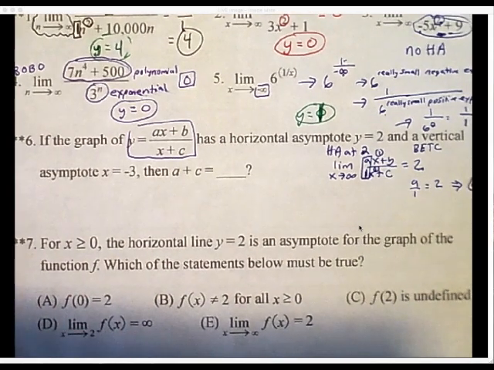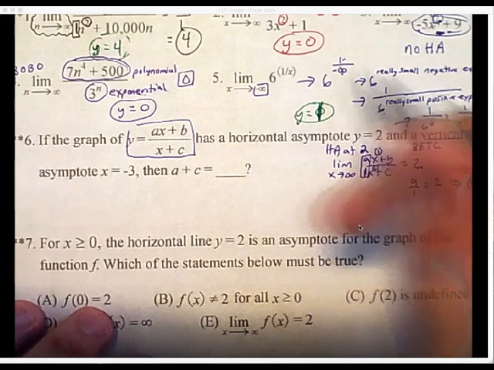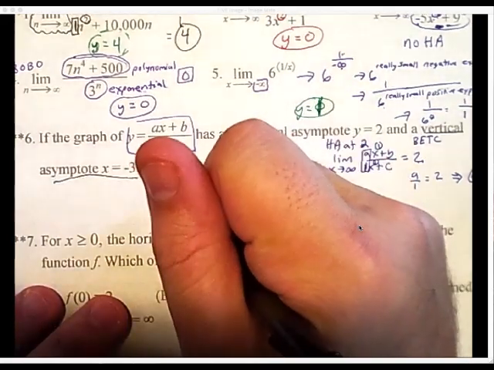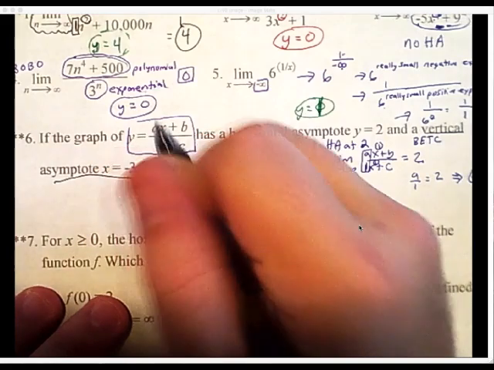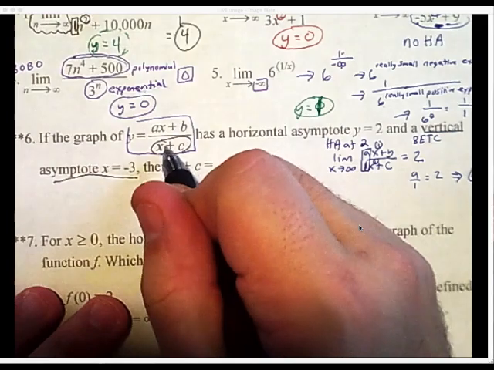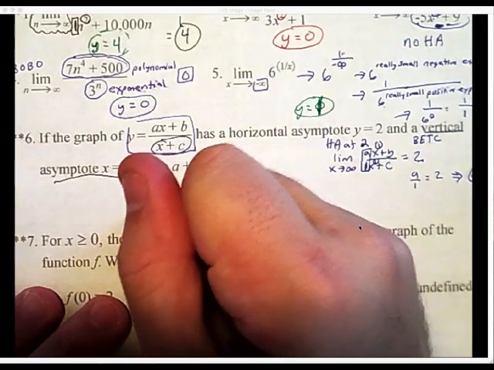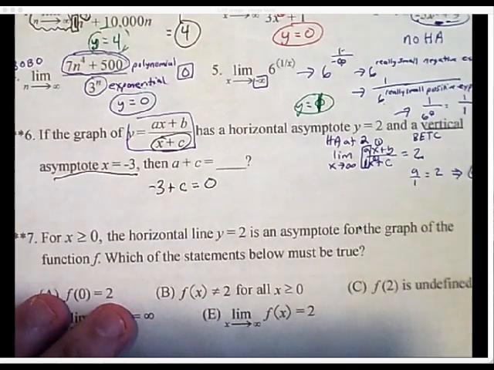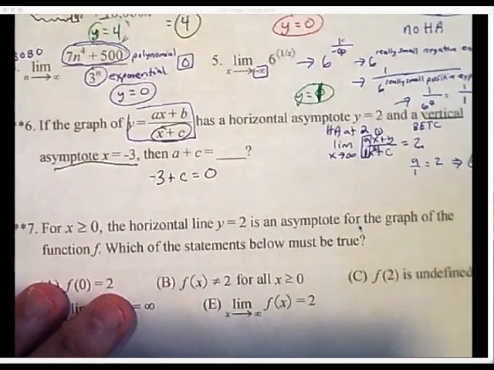All right. And they also tell us that it has a vertical asymptote at x equals -3. Okay, so what does that mean? That means that in the denominator, if I plug in -3 for x, it's got to make the denominator 0. So how are you going to figure out what c is there?